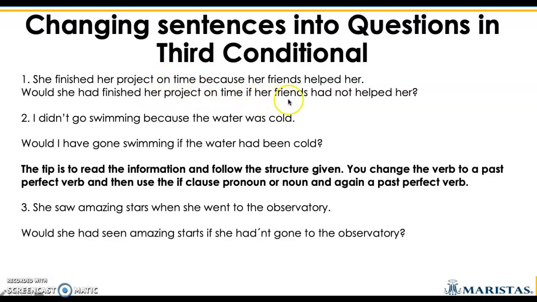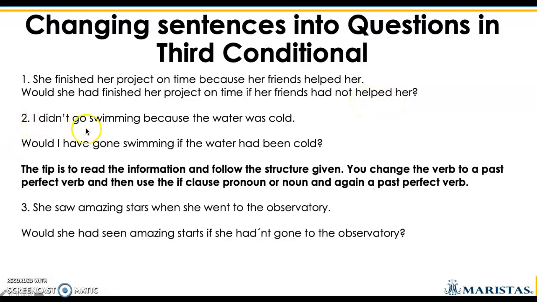As you can see here, I like this example because it's not the pronoun we are using at the beginning. It's the information they gave you here, but it's also a subject. It's asking about her friends.